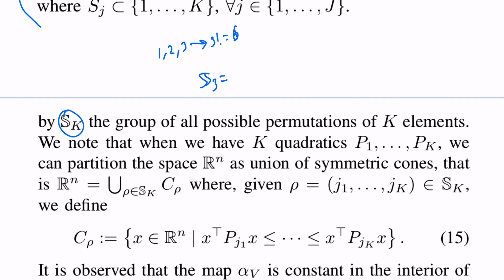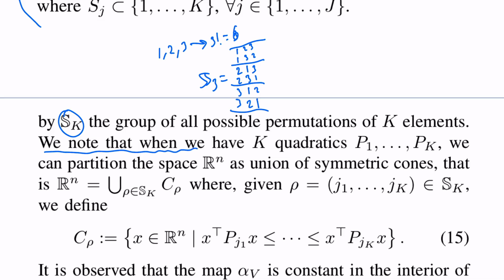Let's try to write them down: 1, 2, 3; 2, 3; 3, 2. It would be smart to regroup them: 1, 3; 3, 1; and 1, 2; 2, 1. So we have 6 of them. Sk is the set of all possible permutations of k elements from 1 to k. This set is what we are going to be using in a moment.